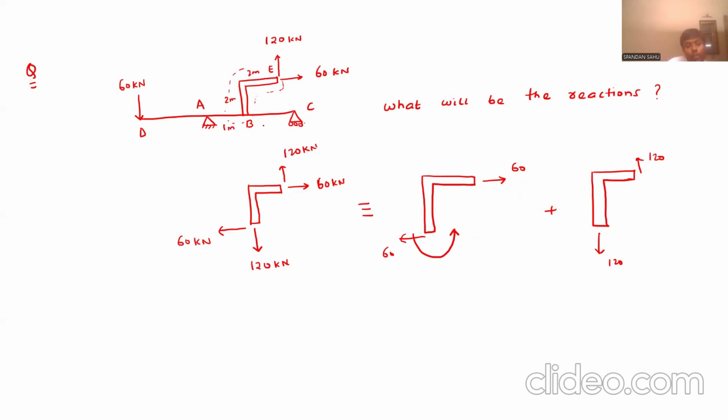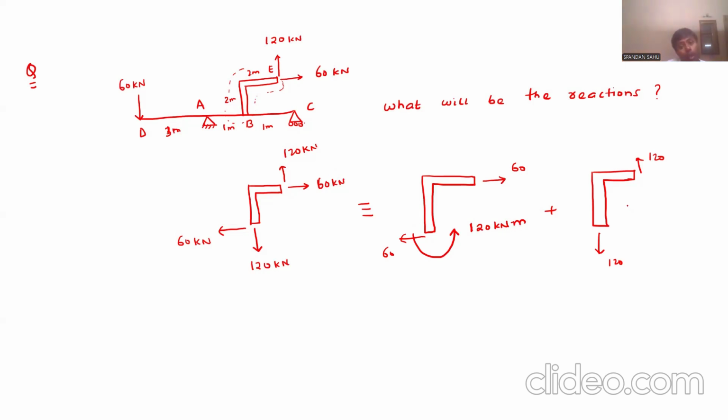Let all those be 1 meter, 1 meter and 2 meter. Now these 60 and 60 are separated by a distance of 2 meter. So 60 into 2, 120 kilonewton meter will be the moment that will get generated.